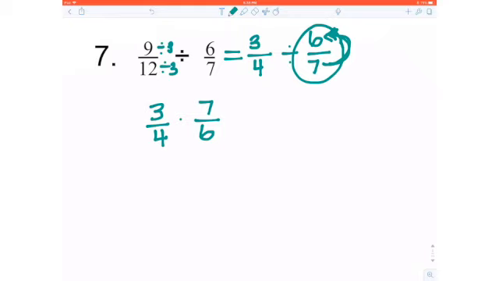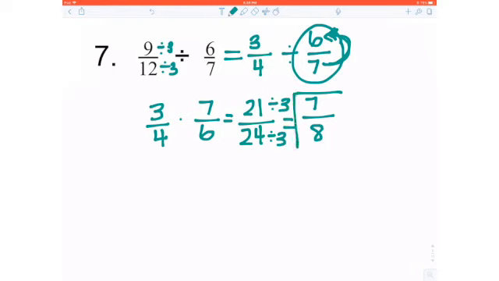So now, 3 times 7 is 21, and 4 times 6 is 24, and these can be simplified. We can divide by 3 on the top and the bottom. 21 divided by 3 is 7, and 24 divided by 3 is 8.